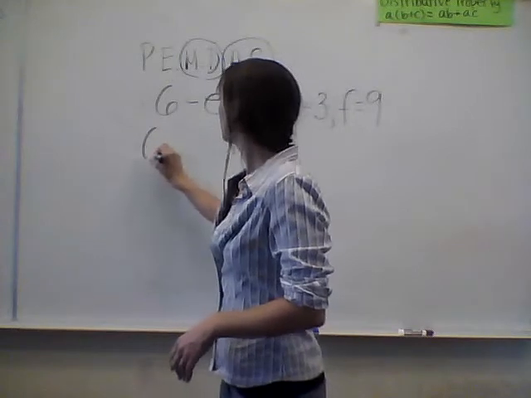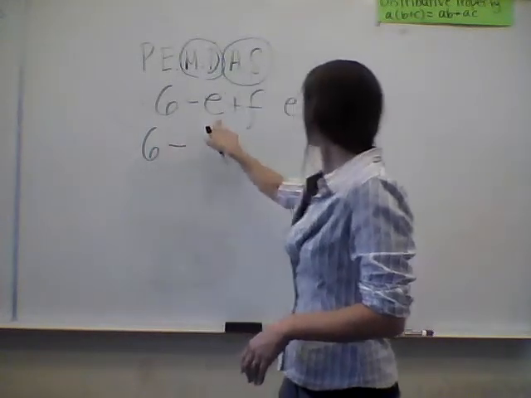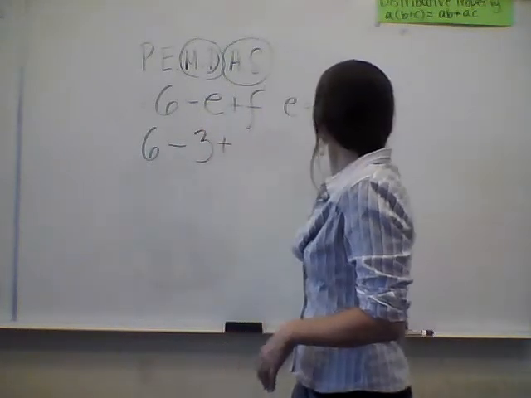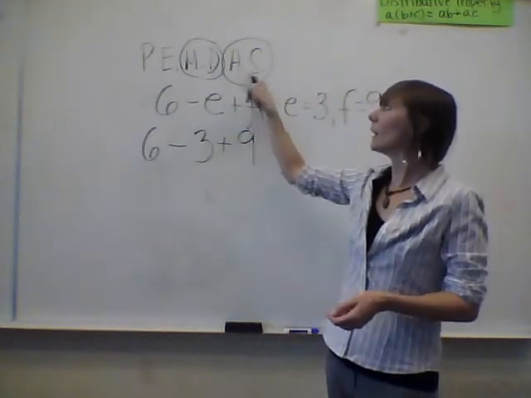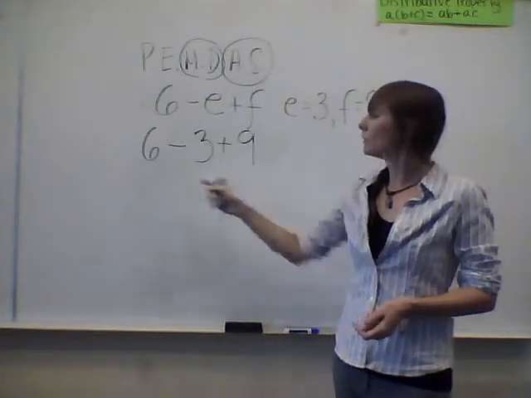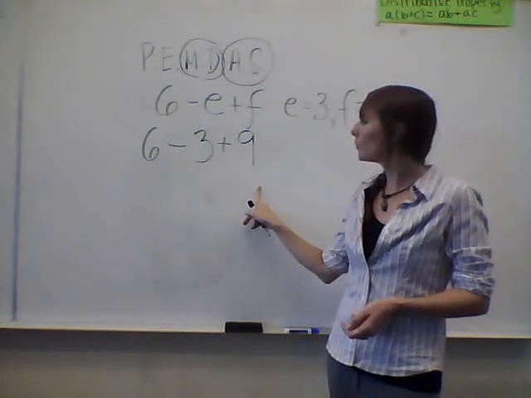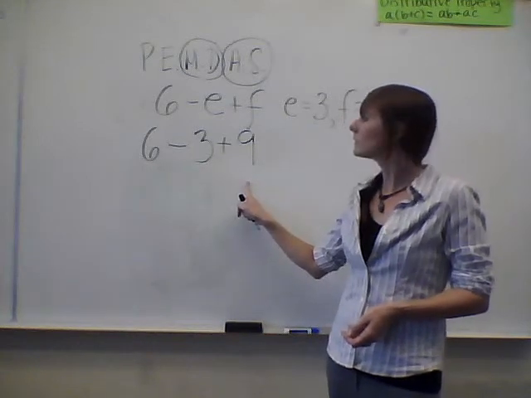So 6 stays the same. Bring down the subtraction. E equals 3 plus f equals 9. Okay, so remember, adding and subtracting go together. And when you're evaluating an expression, you do whichever operation comes first when you're reading it left to right, just like you're reading a sentence.